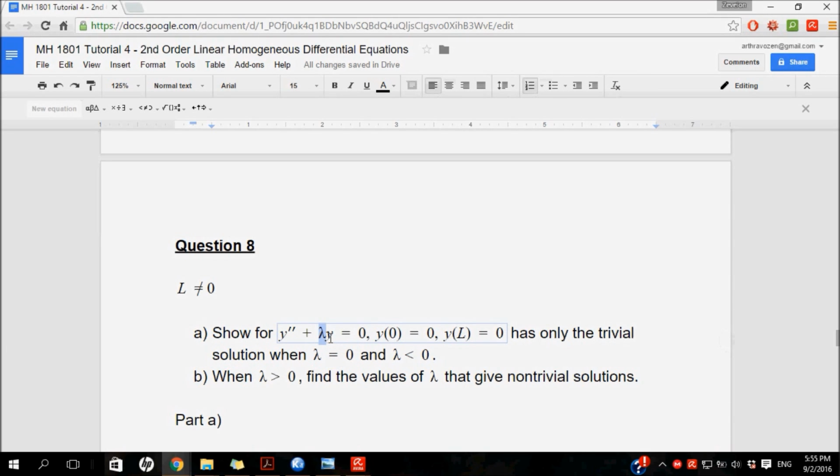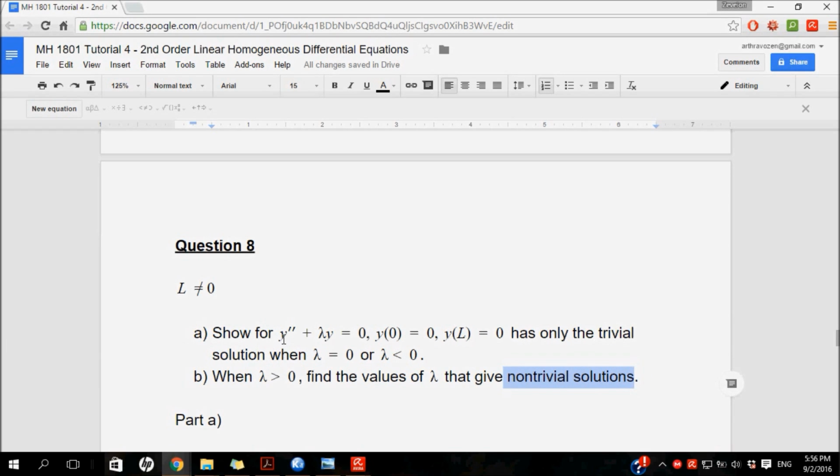our differential equation is 0 or when lambda is less than 0. Then we consider the case when lambda is positive and we want to find the values of lambda that give us non-trivial solutions.